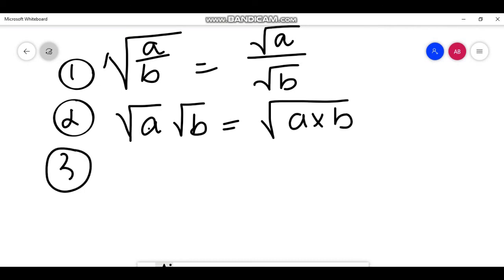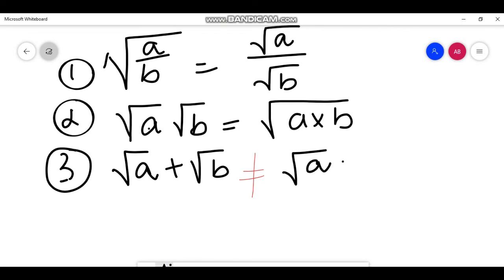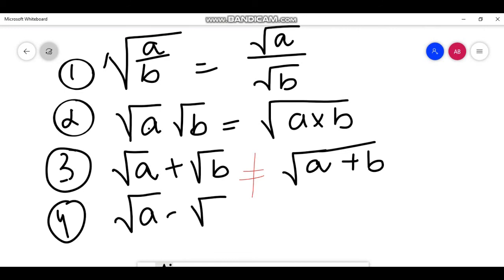Number 3, we have discussed that under root a plus under root b cannot be written as under root a plus b. Number 4, we have discussed that under root a minus under root b is not equal to under root a minus b.